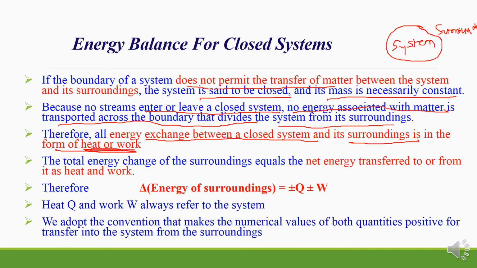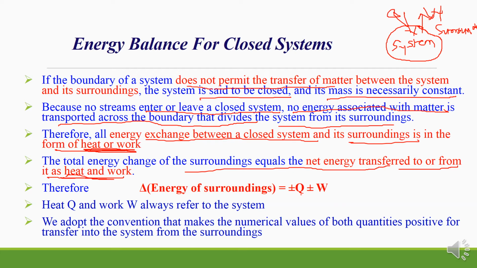Are you getting this? Then the total energy change of surrounding is equal to the net heat transferred to or from it as heat and work. That means if you calculate the change in energy in surrounding, what is that? If Q is lost, right, Q is given here, the system will do some work, right? So Q is added here, this is okay.